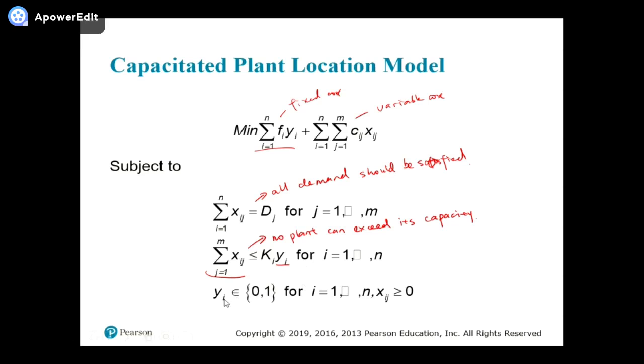And finally, we have the binary constraints for y variables and non-negativity constraints for x variables.